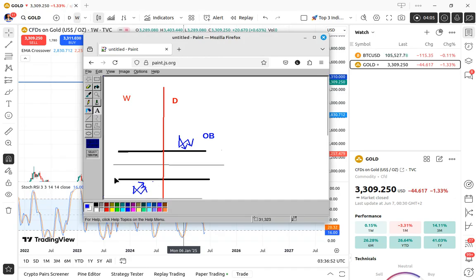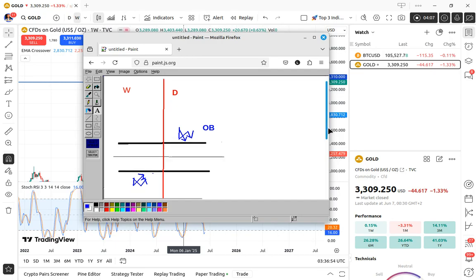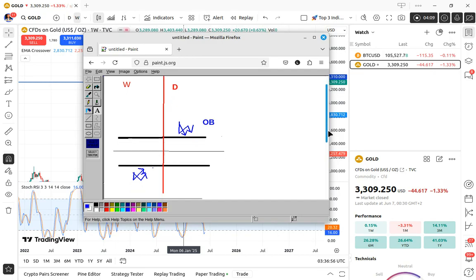Now we call this the oversold zone. Okay. So this is what you want. Now this is called a divergence.